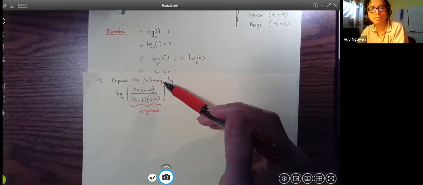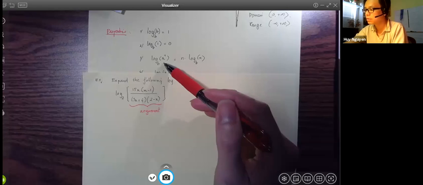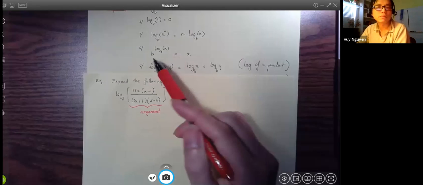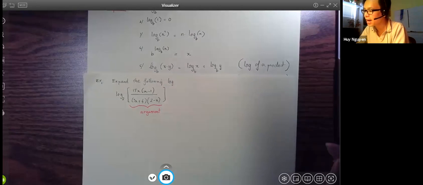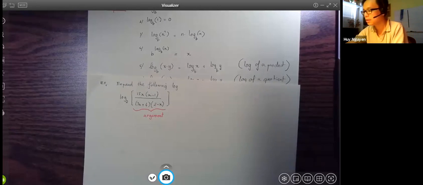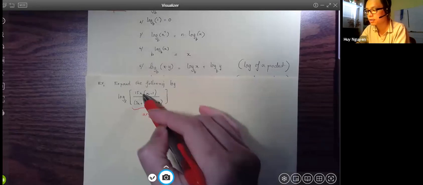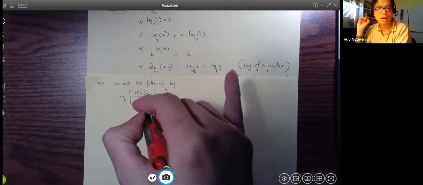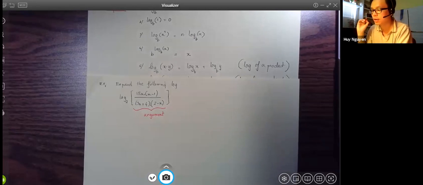Property 3? No, because we don't have an exponent. Property 4, does it look like it? No. Property 5? Maybe, right? Because on property 5 we have the product, and we have a lot of product here, three products right here.